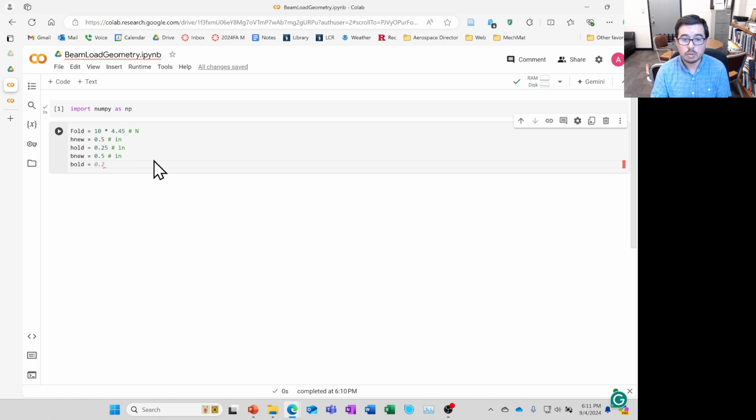I think I might have made a mistake already. No, B new is 1. See, this is where it's helpful to write it out sometimes. B old is 0.5, like that. Okay, and this has units of inches.